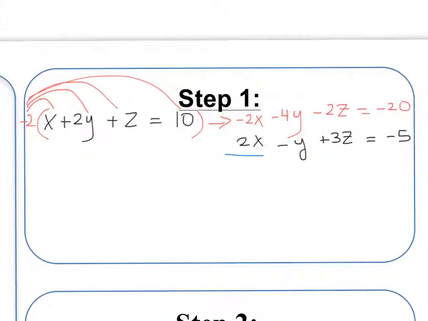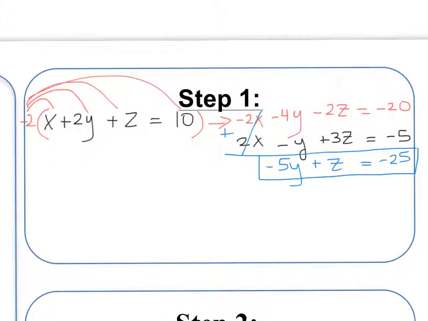Now let's add these two equations. Negative 2x plus 2x cancel out. Negative 4y minus y, that's a negative 5y. Negative 2z plus 3z, that's a plus 1z. And negative 20 minus 5 is negative 25. So that is the first equation that I got by eliminating variable x.